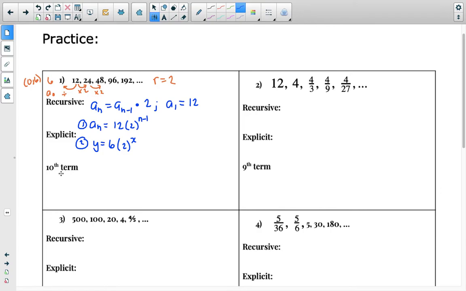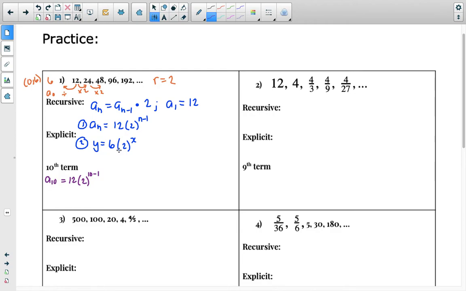Now, if we want to find the 10th term, we could use either one of our explicit forms. I'm going to show both. So if we want a sub 10, I'm going to use the first explicit. This would be equal to 12 times 2 raised to the 10 minus 1.